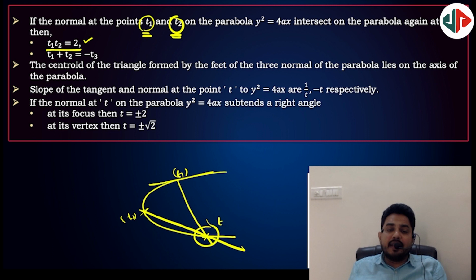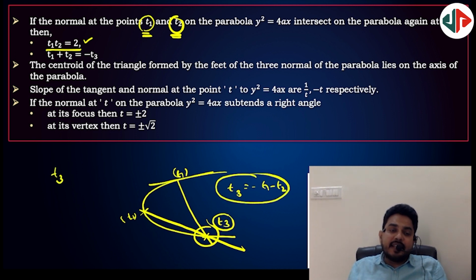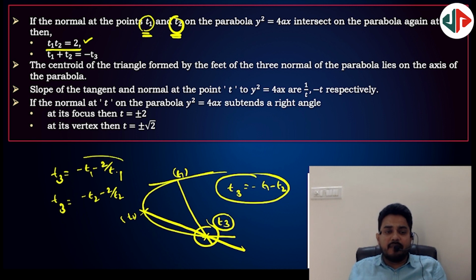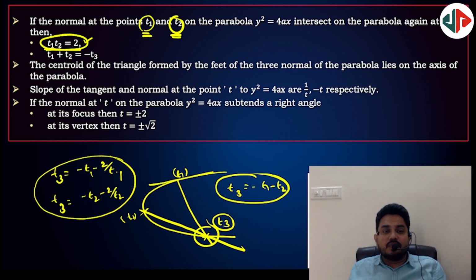And if this point is T3, so T3 is equal to minus T1 minus T2. And one more thing, you can write it as T3 is equal to minus T1 minus 2 by T1. And similarly, T3 is equal to minus T2 minus 2 by T2. With the help of this one, you can write T1 T2 is equal to 2.